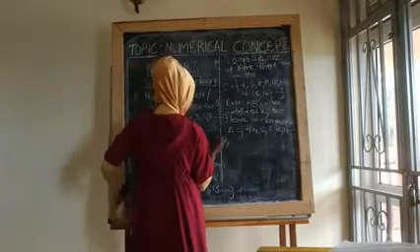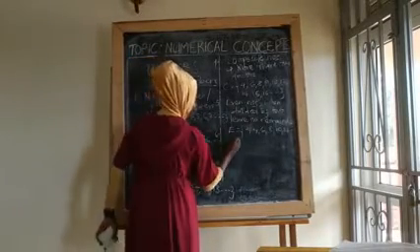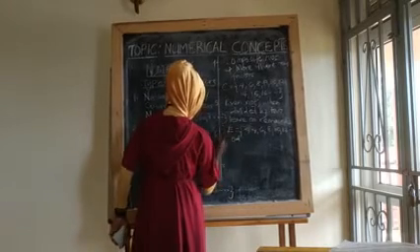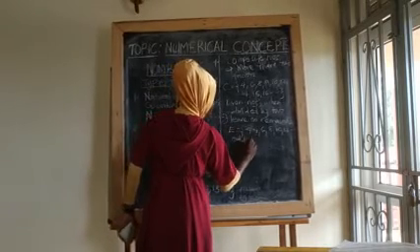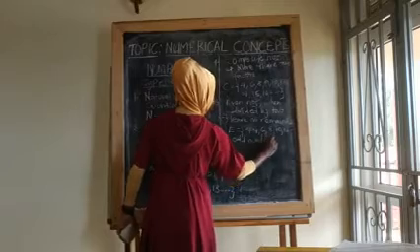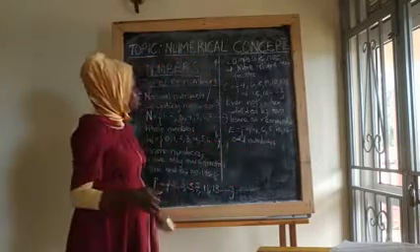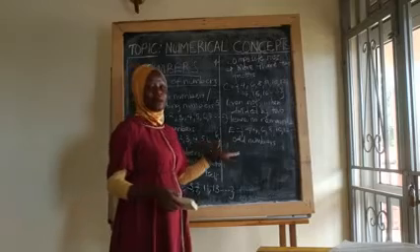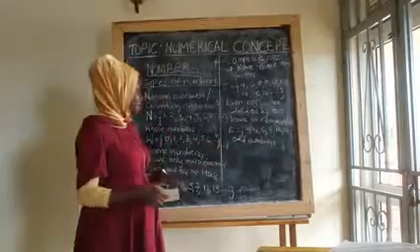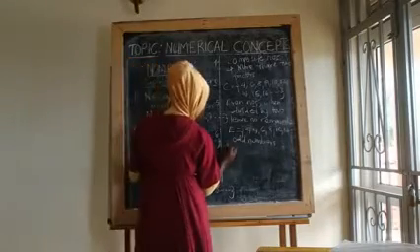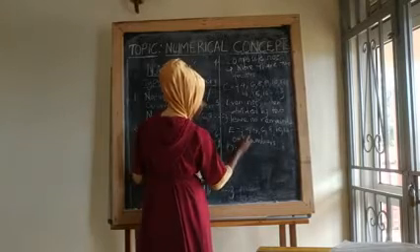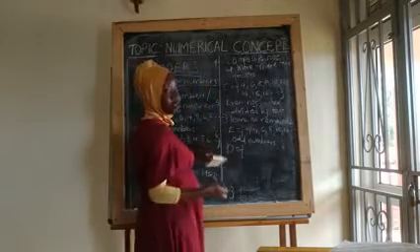My other type, which is number 6, we have odd numbers. So unlike the even numbers, the odd numbers, when they are divided by 2, they leave a remainder. Among the examples of odd numbers, we have numbers that are not included in the set of even numbers.